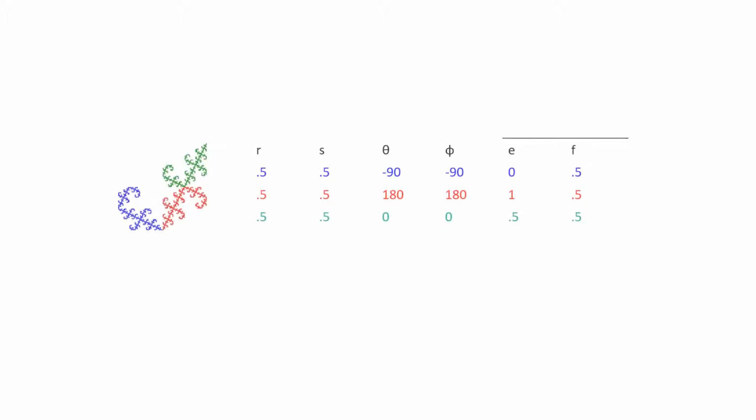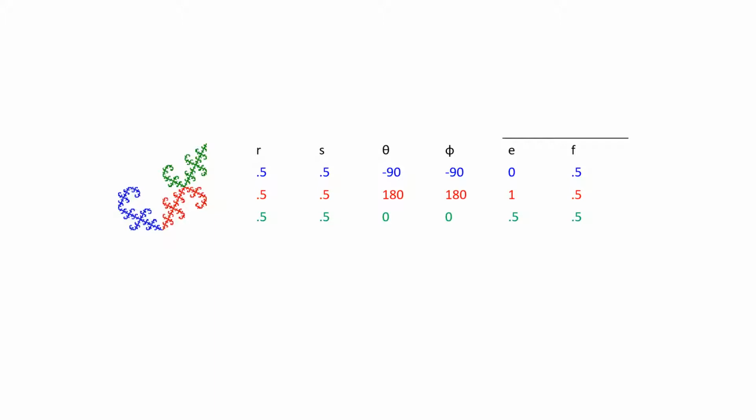And one of the examples, I think I gave you this one, where we had this little fractal, and by the side of it, on the right side, you see the R, S, theta, phi, and E, F values which correspond to this particular fractal.